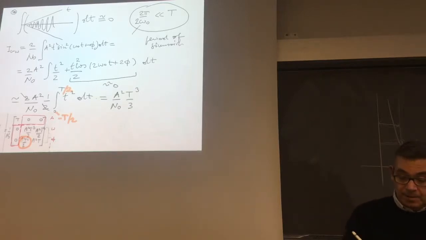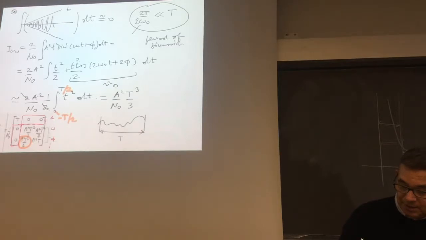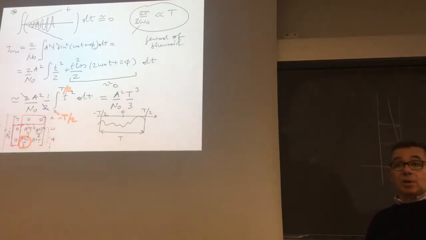In the second case, I have this signal, and I measure it within the T interval, where this is minus T half, this is 0, and this is T half. Now, if my parameter of interest is the phase, then this trick cannot be done. If my parameter of interest is the frequency and phase is a nuisance, then it's something that I can do.